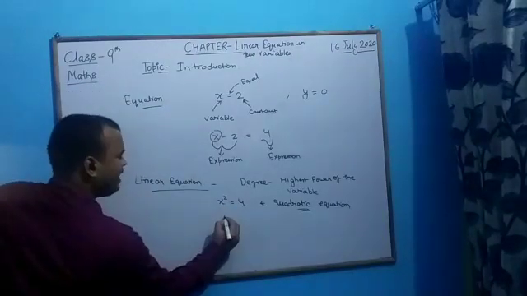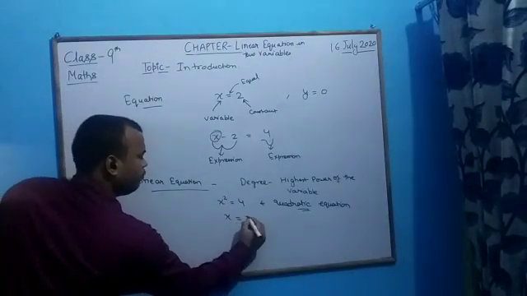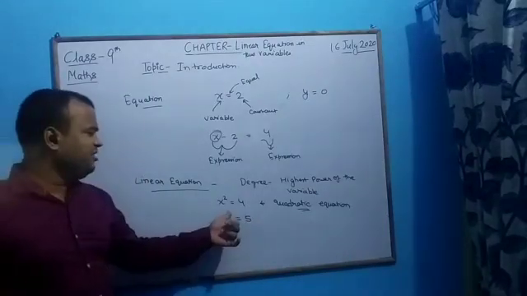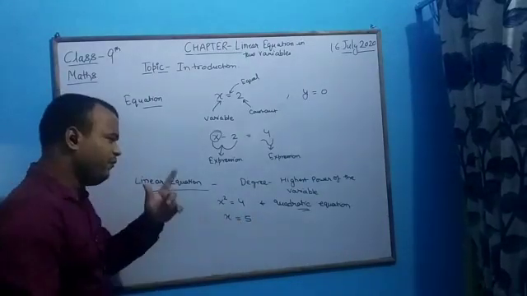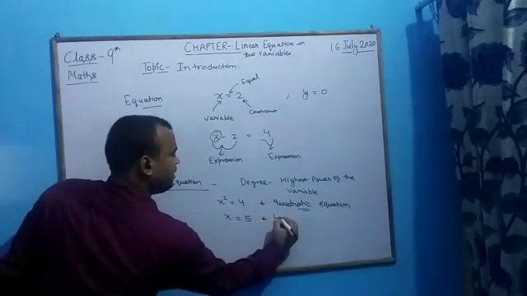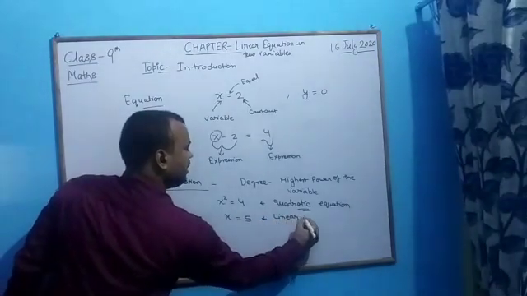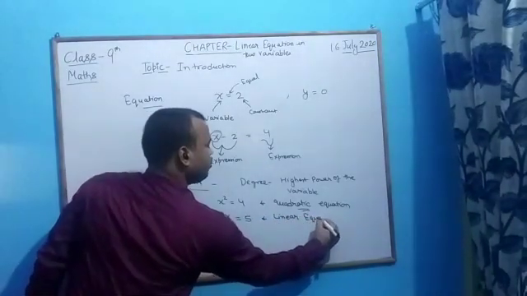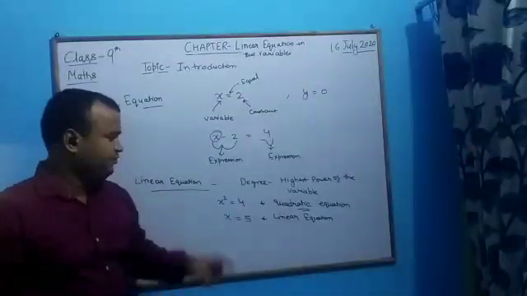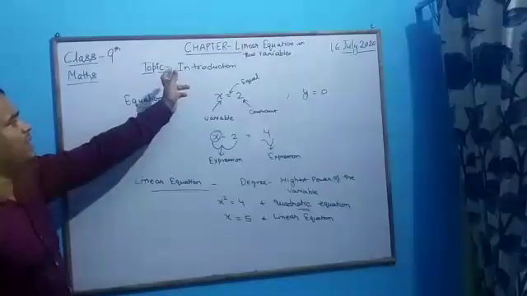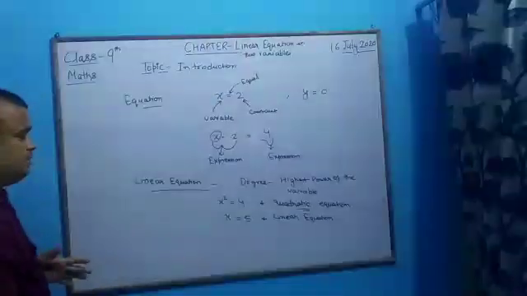So whenever the highest power of the variable is 1, it will be known as a linear equation. Equation with degree 1 will be known as a linear equation. Now we are talking about linear equation in two variables.